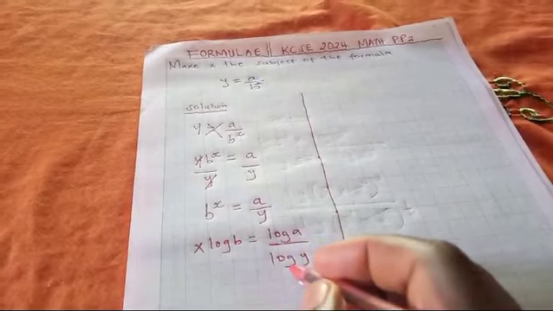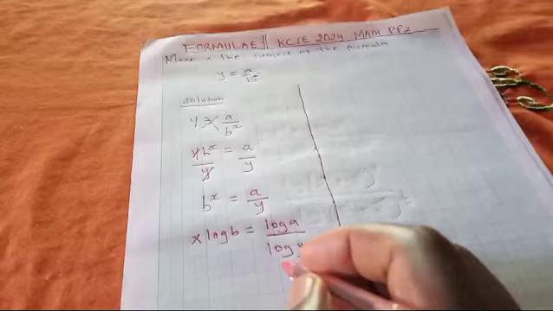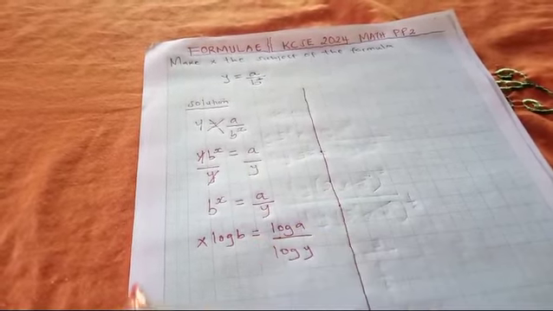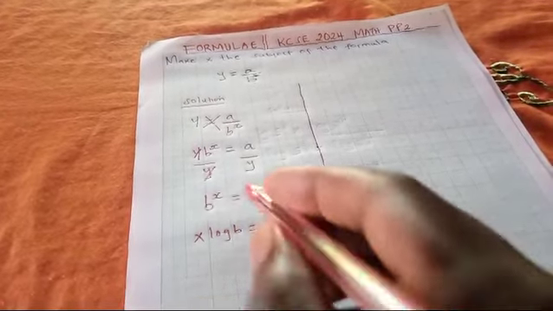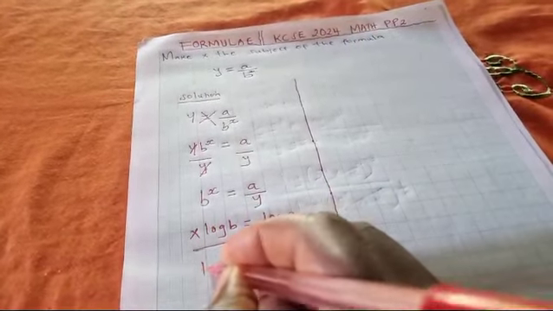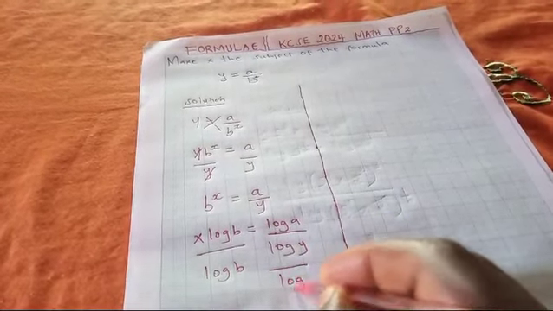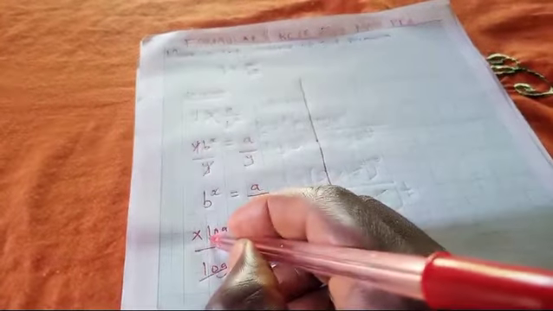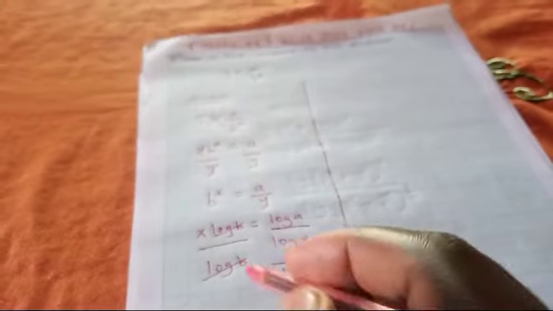Now the next thing we want to do is divide both sides by the log of b, so that we remain with x on the left hand side because it is our interest. So the log of b on the left hand side is going to cancel with that on the other side.